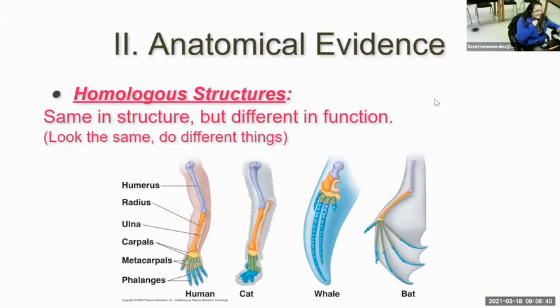So this is what you'll put on that line. Homologous structures are structures that are the same in structure, so they look the same, but they are different in function. They do different things. Same in structure, different in function. Look the same, do different things. Make sure to write that on your definition line.